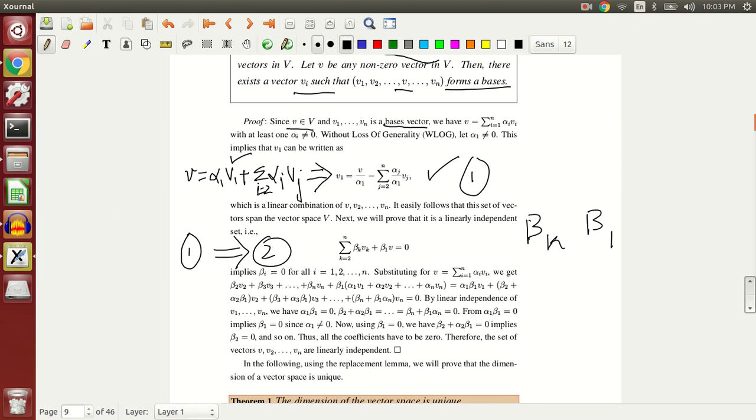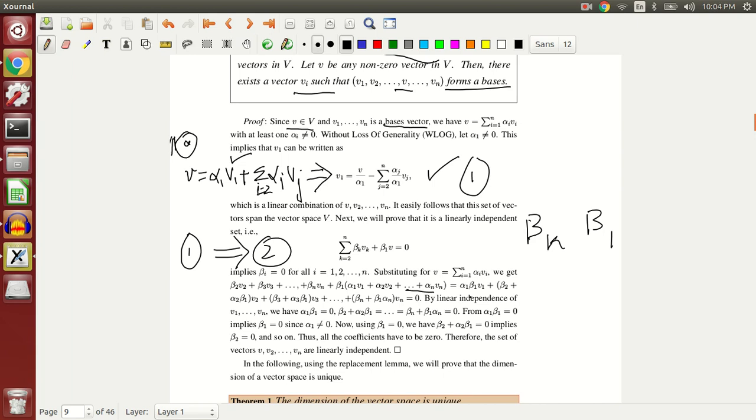Here, this portion is from, let's call it 1a. Okay, this substitution is from 1a.